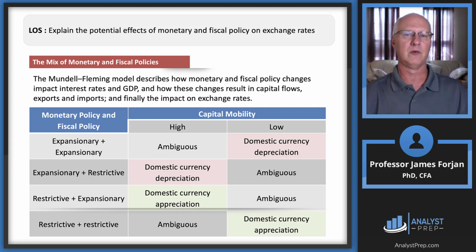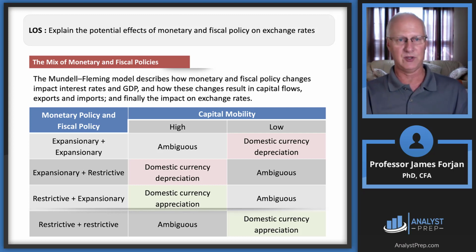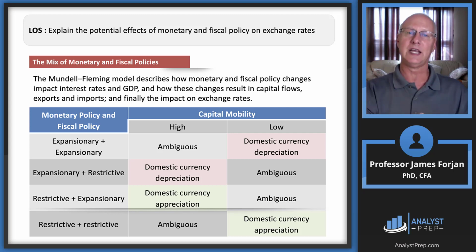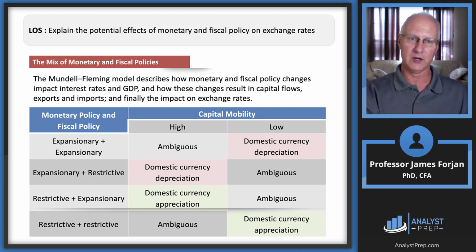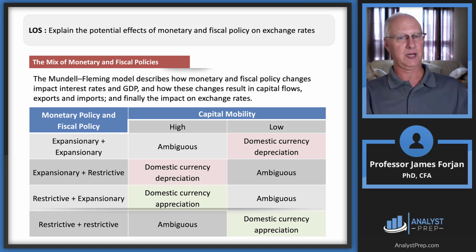So the reading starts with the Mundell-Fleming model, and this describes how both fiscal and monetary policy changes are going to, are you ready for this? Impact the interest rates and GDP, which is the measure of the strength of an economy, especially changes in GDP, which then leads us back to everything that we talked about regarding interest rates and relative interest rates, meaning those interest rate differentials between and among countries.